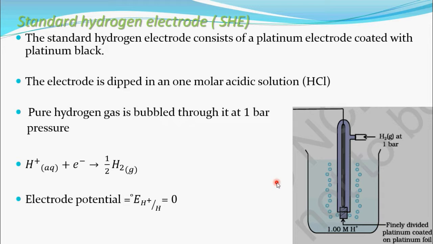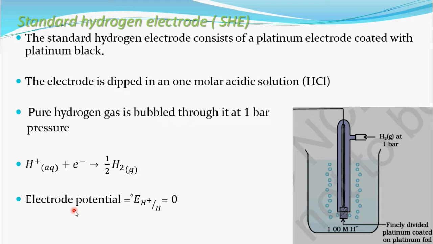And one more thing, its electrode potential is taken as 0. The electrode potential of the standard hydrogen electrode is taken as 0. Remember this one, it is very important.